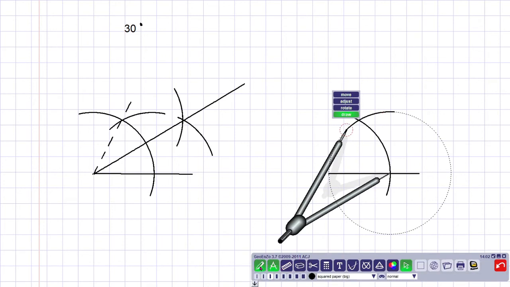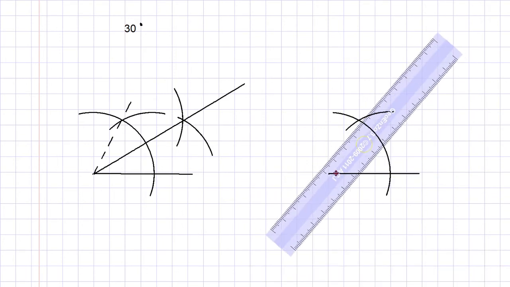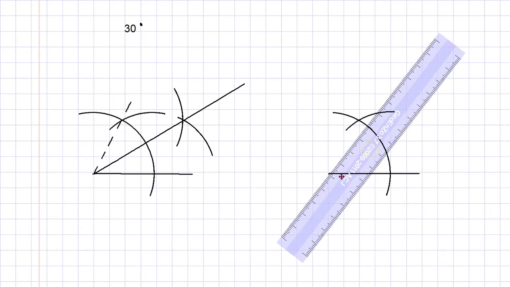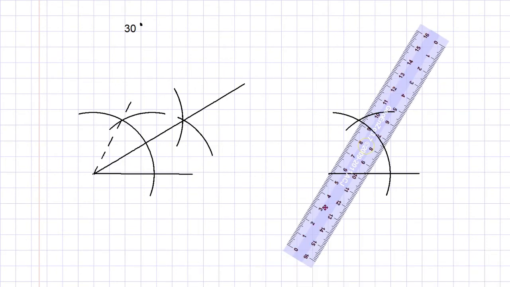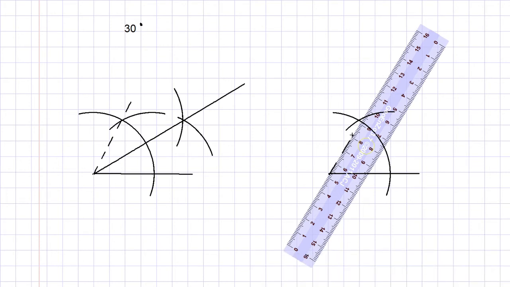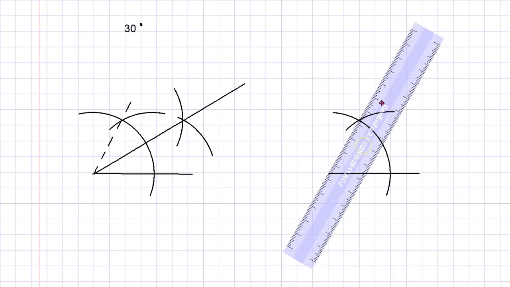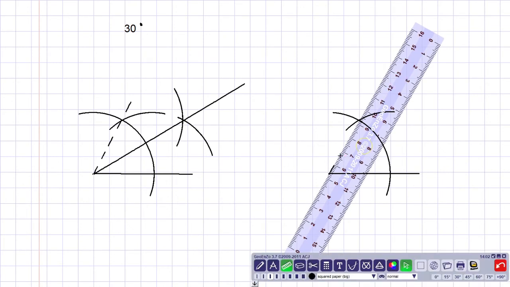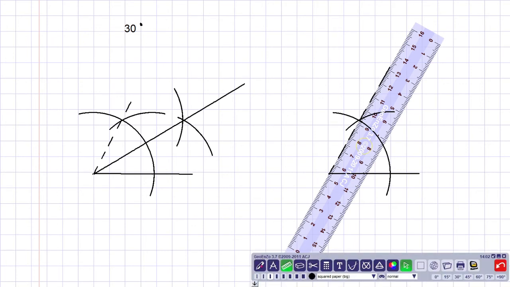Take the ruler and join. I will join using dotted lines. Place the ruler properly. This is 60.